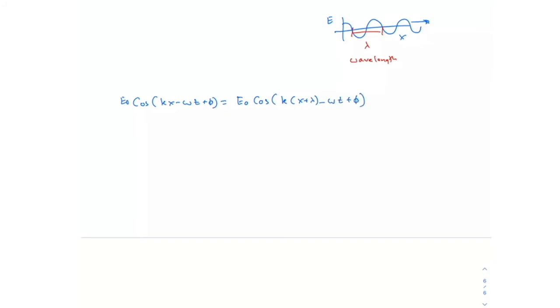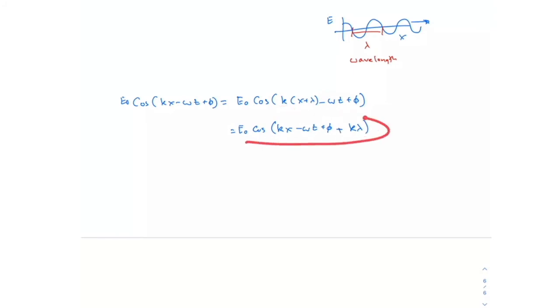What that tells me is, if I expand this out, this plus lambda times k, I'll bring over here as an additional term.